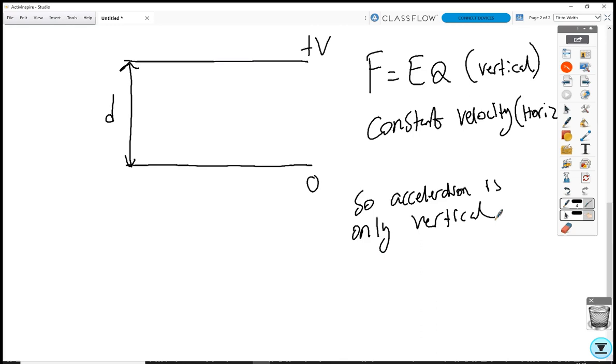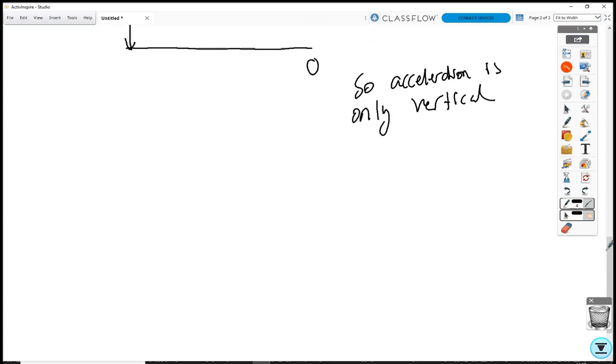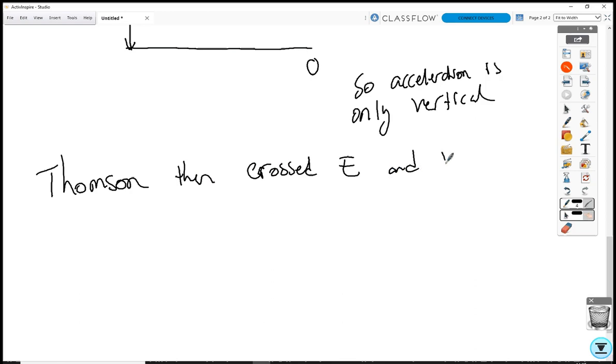So next what Thomson did is now he took both an electric field and he took a magnetic field and he crossed them together, perpendicular. So Thomson then crossed E and B fields.